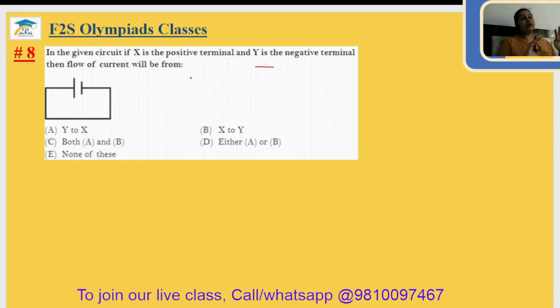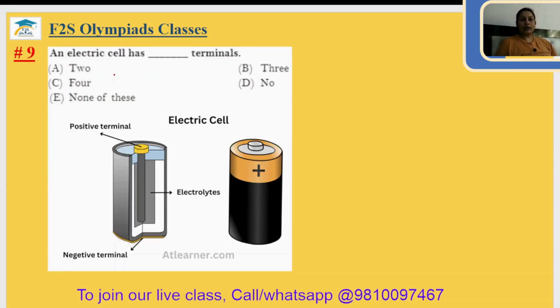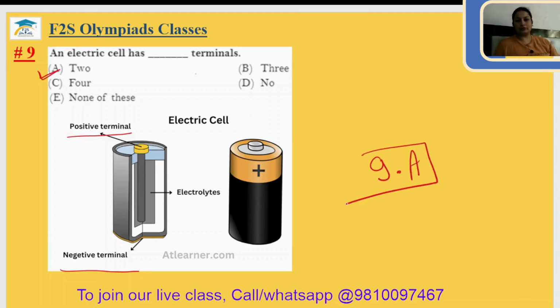The conventional current flows from the positive terminal to the negative terminal and the electrons flow from the negative terminal to the positive terminal. But the question is asking for the current. The answer will be option B. Eighth answer is option B. Question number 9. An electric cell has dash terminal. An electric cell has two terminals, that is your positive terminal and the negative terminal. So 2. Ninth answer will be option A.